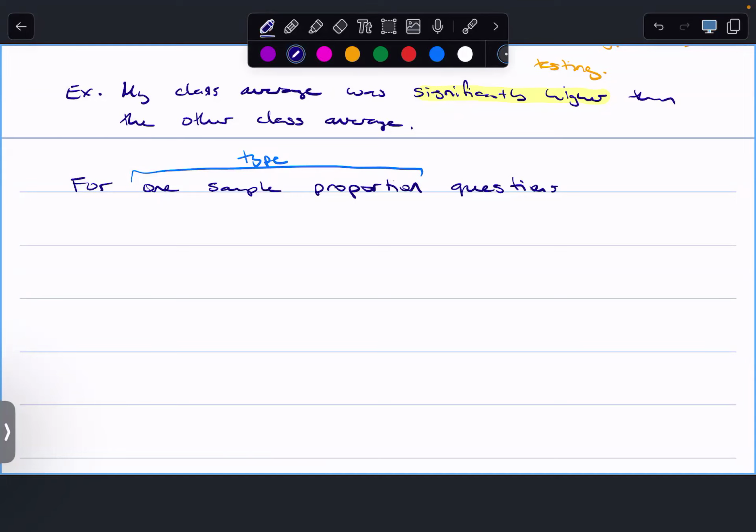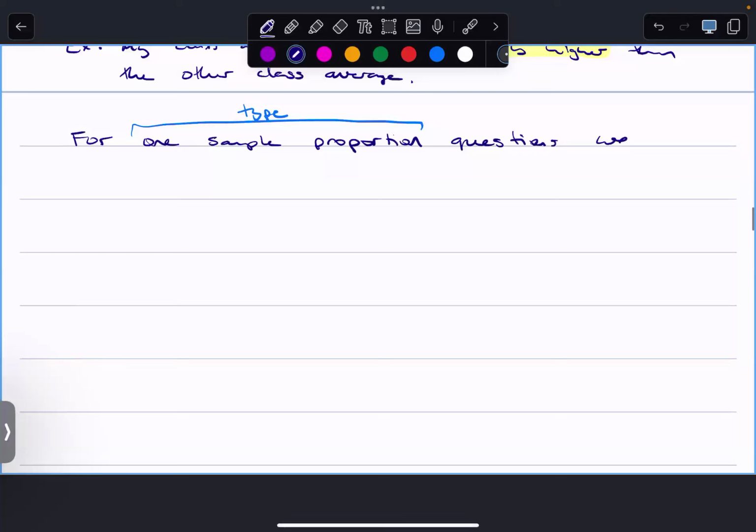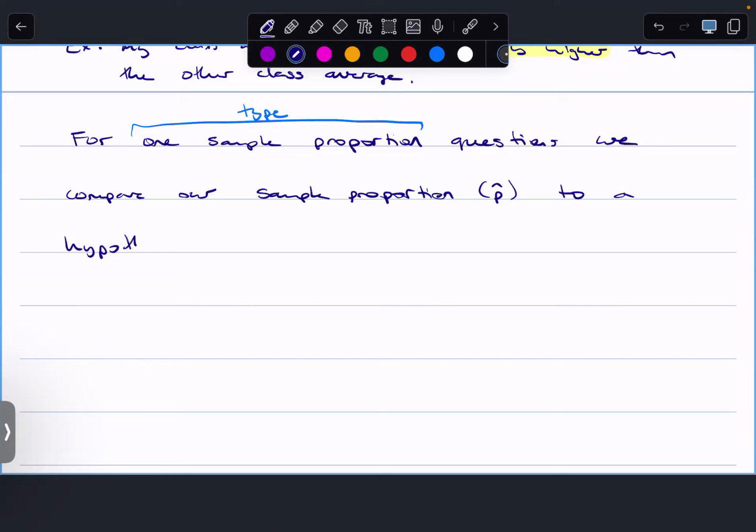So for one sample proportion questions, we compare our sample proportion p hat to a hypothesized proportion, which we're going to denote by p subscript 0, which is new.